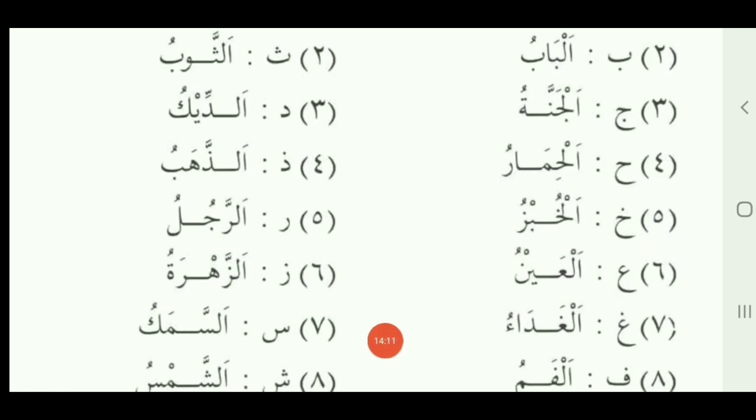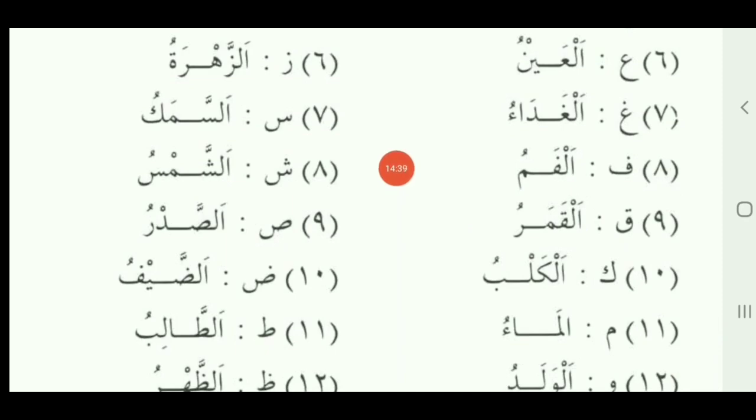As-samaku meaning the fish. So this one you can also note that we never pronounce the lam, but we have a sign indicating there is a lam before the sin, and that is the shadda sign. As-samaku meaning the fish.